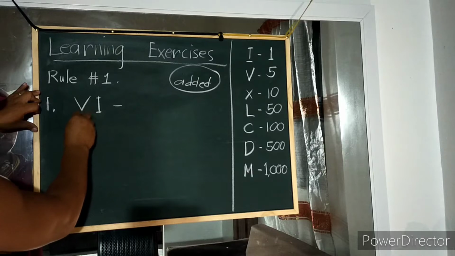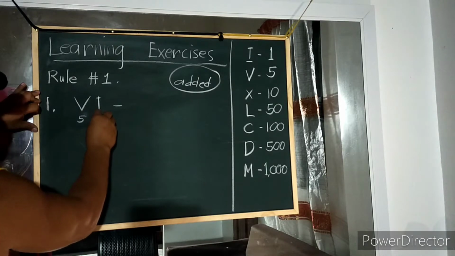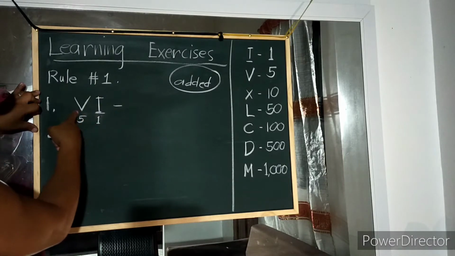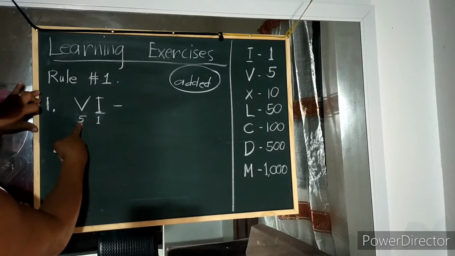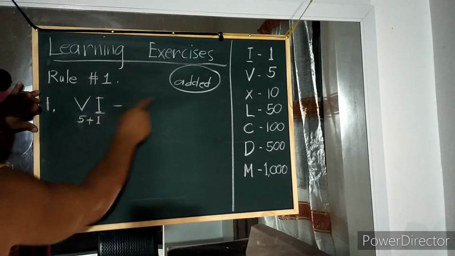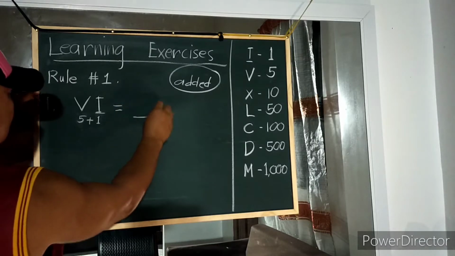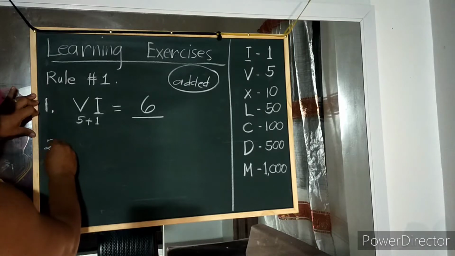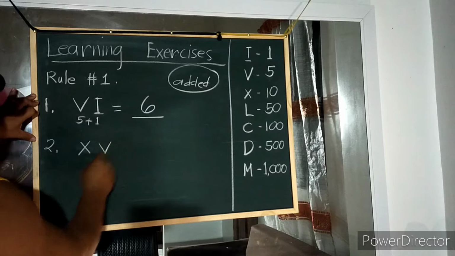V is 5, while I is 1. So, a higher value comes before a lower value, so it is added. 5 plus 1 is 6. Another example: we have X, V. X is 10.